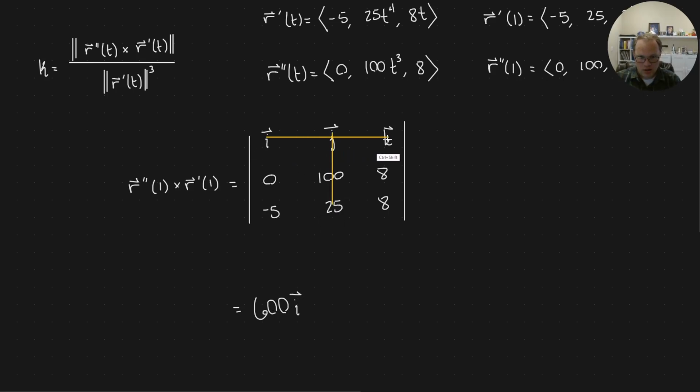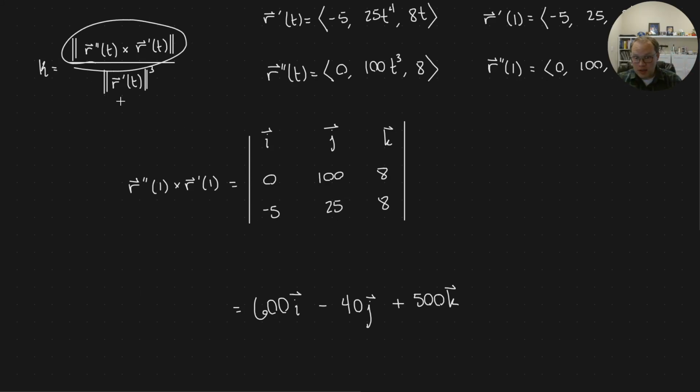And for j, I get 0 minus -40, which is 40j. And for k, I get 0 minus -500, so that's going to be 500k. Alternate signs, plus, minus, plus, and we have our cross product. All right. I have everything I need. Now I just need the norms of these guys.